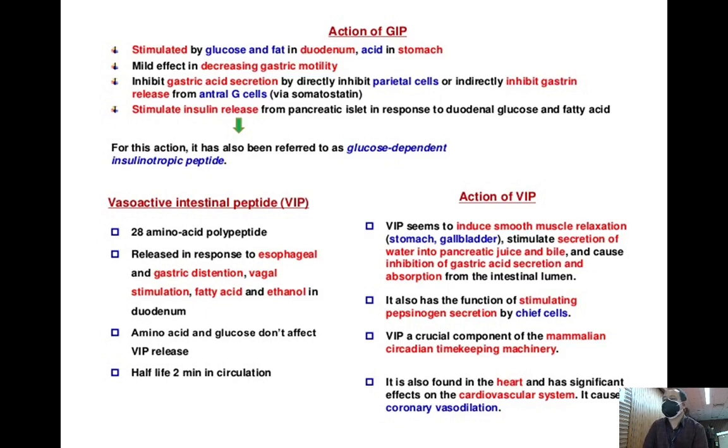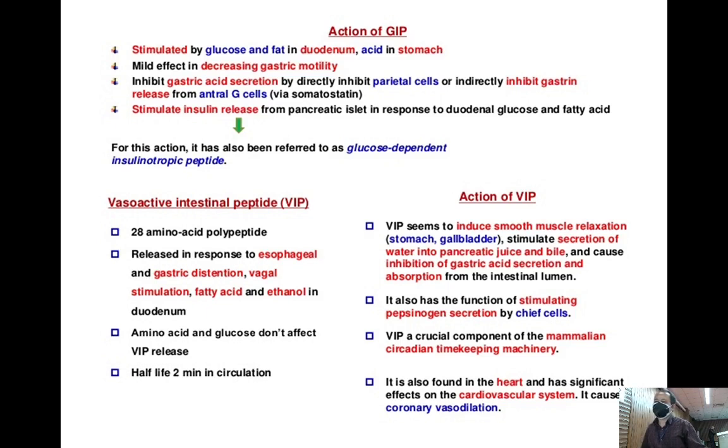It can be a direct inhibition of the parietal cell, or by stimulating the D cell to release somatostatin, which will then act on the antral G cells and inhibit them. So this is how inhibition of gastric acid secretion is conducted by GIP.